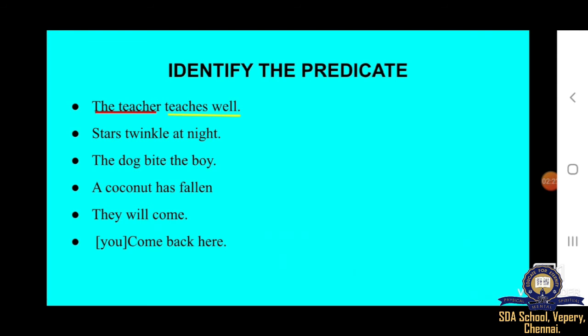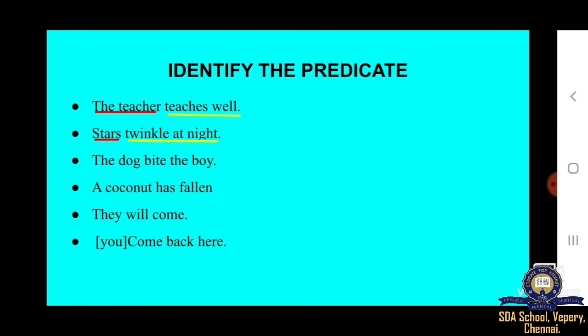And now let's see the second sentence. Stars twinkle at night. Children, here what is the subject? Yes, stars is a subject and the remaining part is called predicate. Twinkle at night is a predicate.